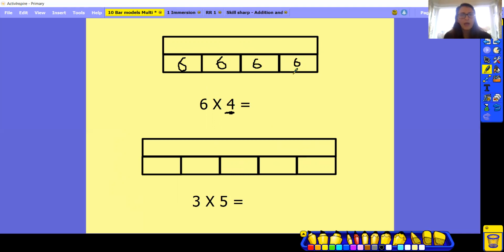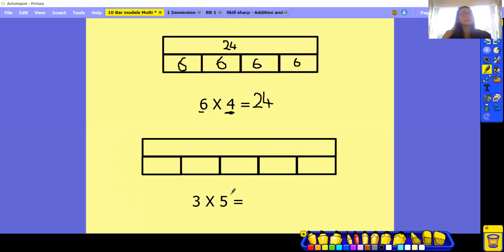And 4 times 6, so counting your 6s: 6, 12, 18, 24. So your whole box is going to equal 24, because 6 times 4 equals 24.